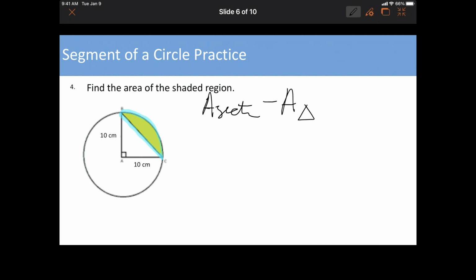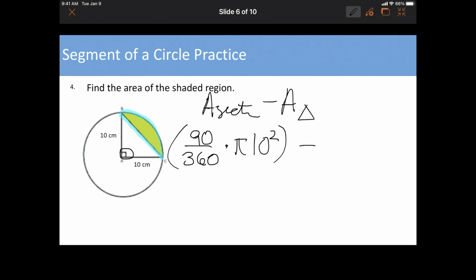Okay. So I need the angle, and that angle is going to be 90 over 360. Or you could have just written that fraction, which is 1/4, right? Times pi r squared, it's 10, minus.